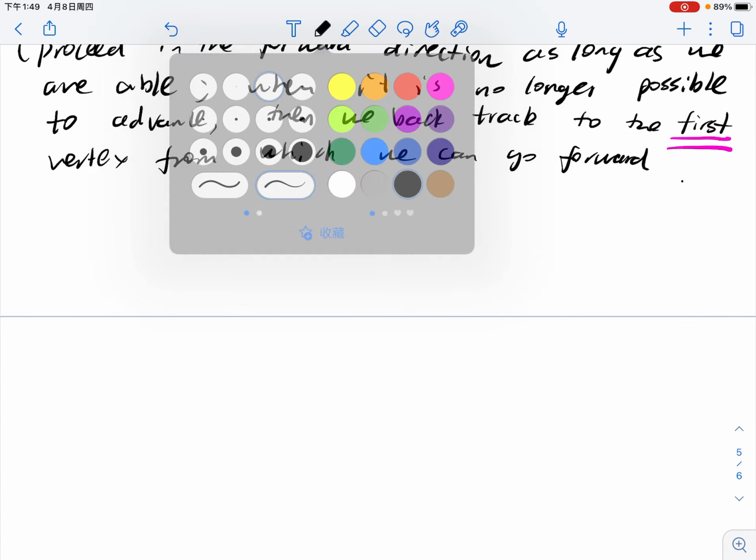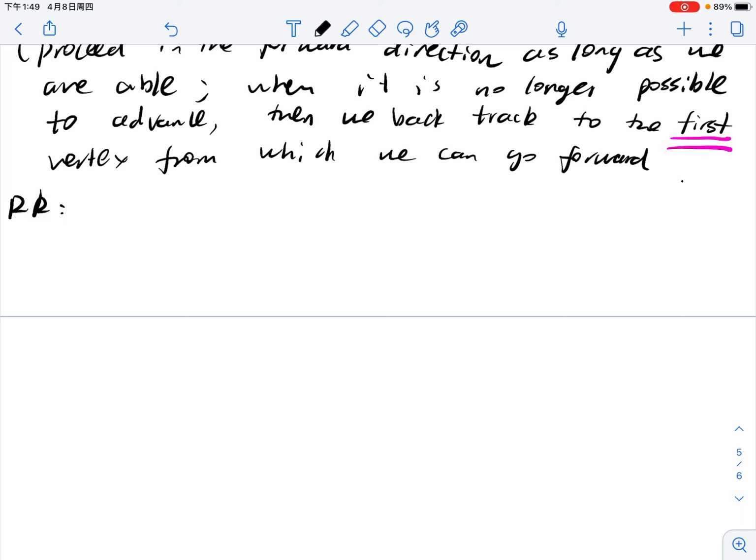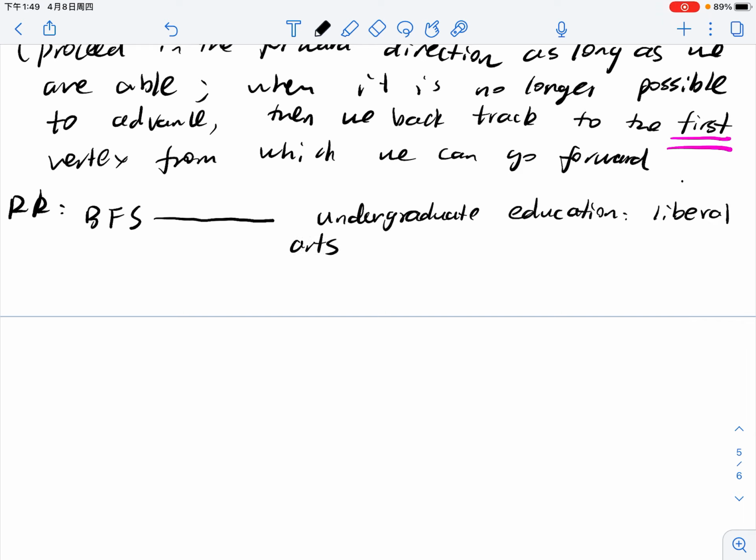And it's a good idea to make certain comments here. Probably you don't have a concrete feeling of BFS and DFS, so I would like to make some remarks. BFS is just like undergraduate education: you need to have a certain liberal arts education no matter what your major is, and you can declare various majors, as many as you want.